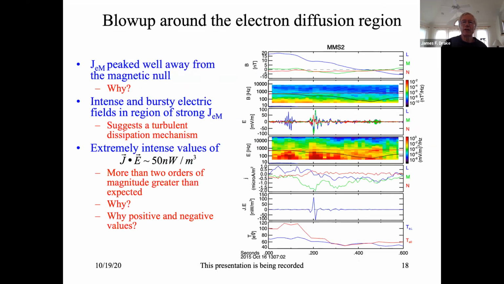This very high value is associated with the J dot E_N, and therefore this J dot E does not tell you much about the rate of reconnection because it's dominated by things which are not giving you a direct measure of the reconnection rate.